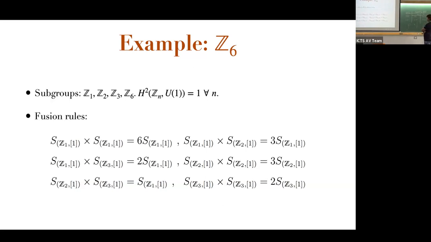Is that how you should think about it? The subgroup that labels the surface operator is the unbroken group. That's right. Okay, just making sure. So you're saying that if you have a surface operator which leaves this subgroup invariant, and then you fuse such surfaces, what are the possibilities that can happen? Yes, exactly.